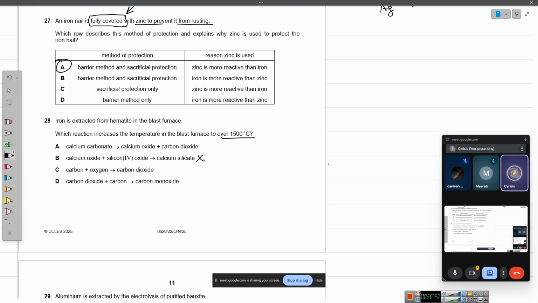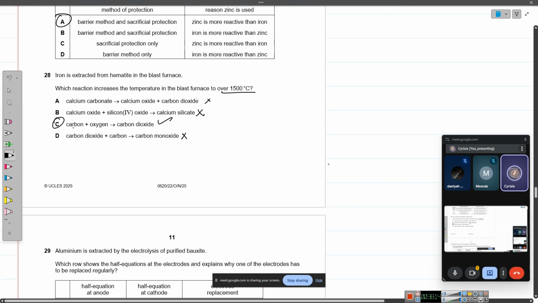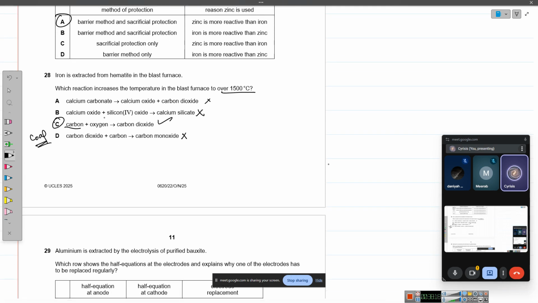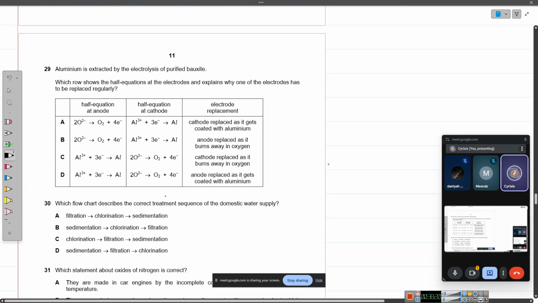I think it's the carbon with the oxygen that gives us the most temperature. This is the only most exothermic reaction. This is endothermic. I think these two are endothermic because this is carbonate decomposition. Decomposition needs heat to break something down, right? So C is our only viable option here, right? That will increase, which is burning of coal. I mean, this is coal, right? Technically speaking. So coal, when obviously burned, releases a lot of heat, right?